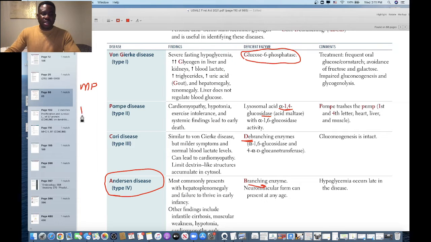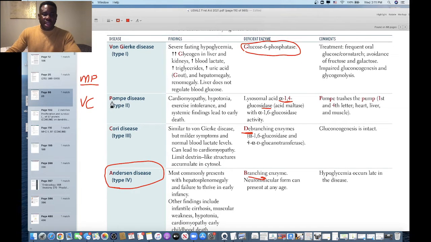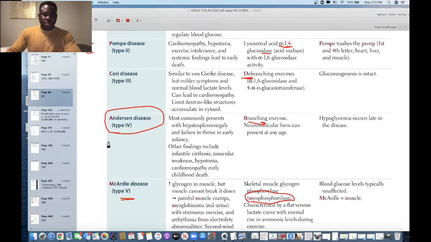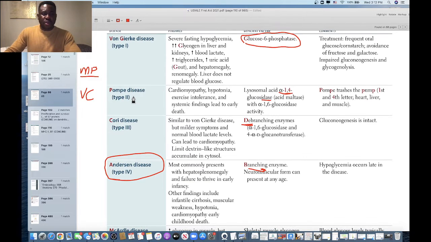But VC, which is von Gierke and Cori, have hypoglycemia. So MPs, the ministers and the parliamentarians, are rich, so they don't have hypoglycemia. So you can see it over here. The MP, which is the McArdle and Pompe, have no hypoglycemia.